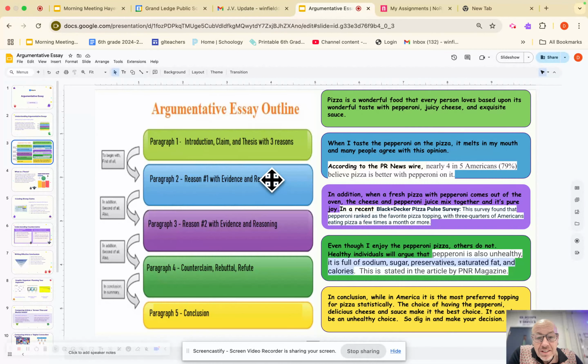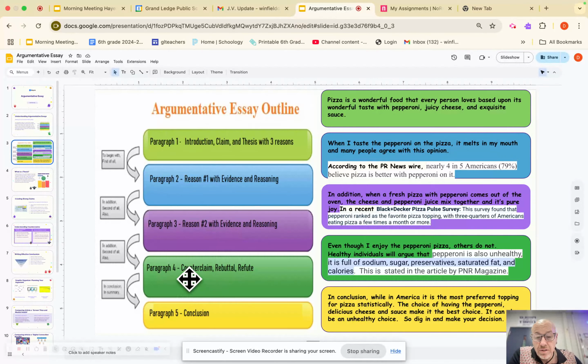And this evidence and reason: a reason is going to be a claim or an opinion, and evidence is going to be the fact that you're going to find to support your opinion. And the same thing over here. The reason is going to be your opinion, and the evidence will be your fact.